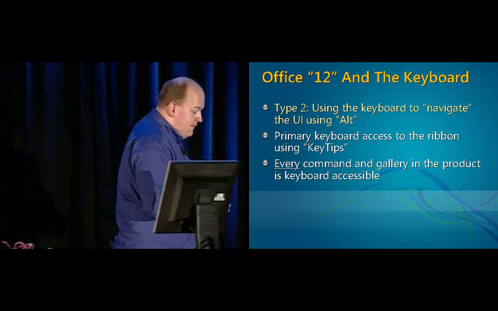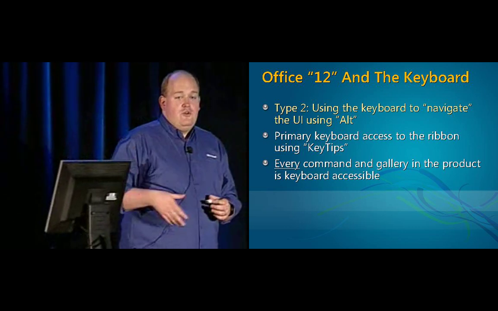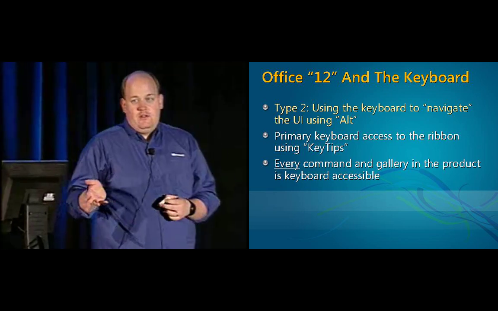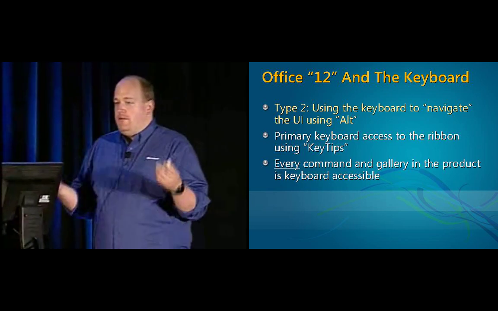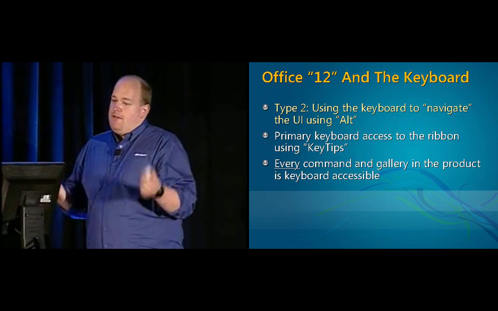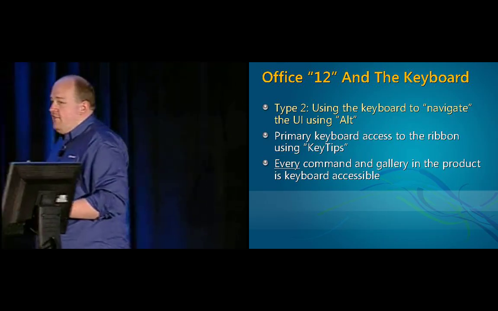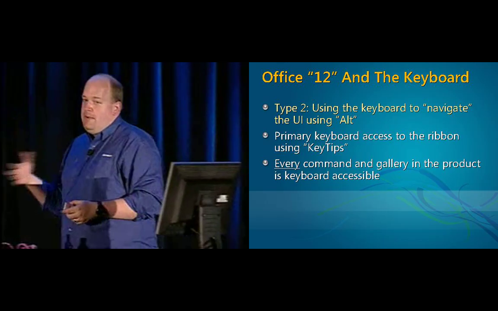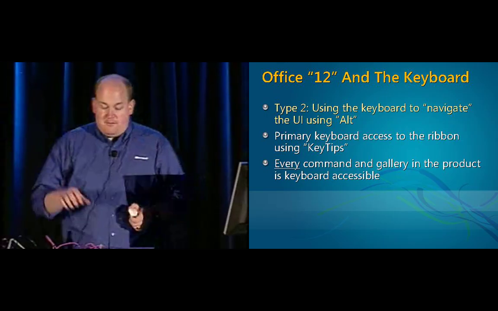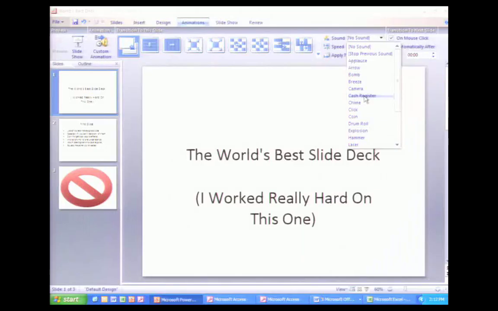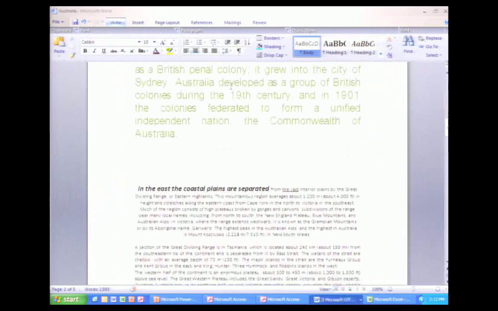The second one is that we've introduced a new keyboard access model to using the ribbon. And this is something that we call key tips. It's actually a way in which we've made every single command in the product keyboard accessible. And I'm going to show what that looks like. So let's go back to our trusty thing here.